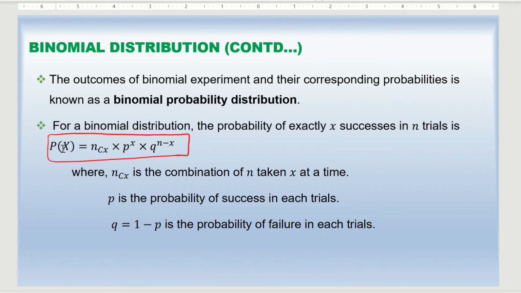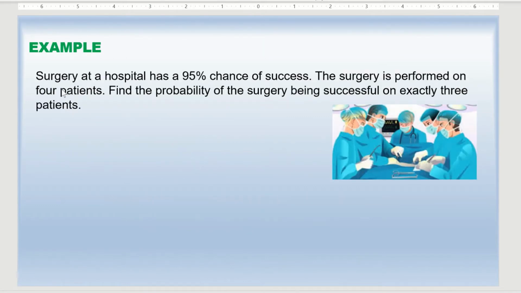Let's take an example and learn how to use this formula. Here is the example. Surgery at a hospital has a 95% chance of success. So 95% chance of success, that is the value of p. So here p is equal to 0.95.